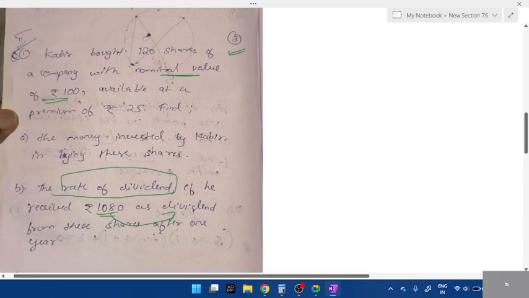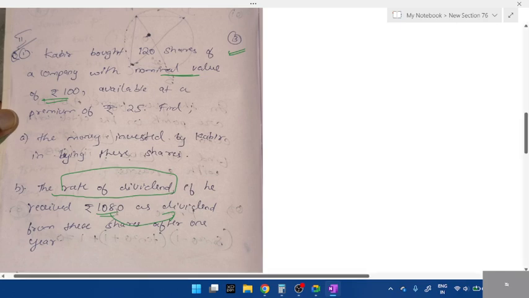And practice this one, which is that last concept we did. We carry forward to the next. What is the name? Sale proceeds.